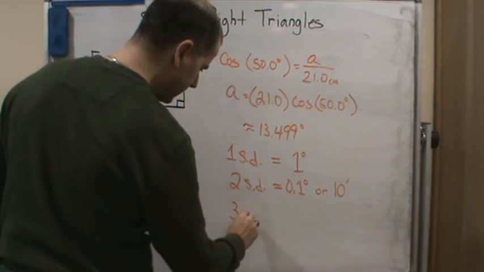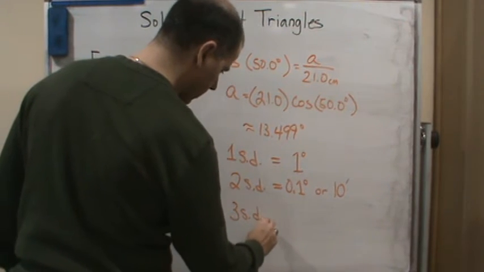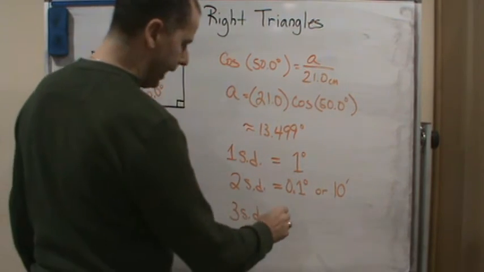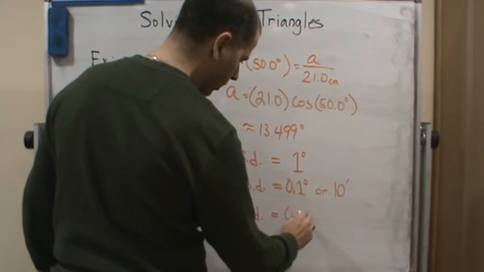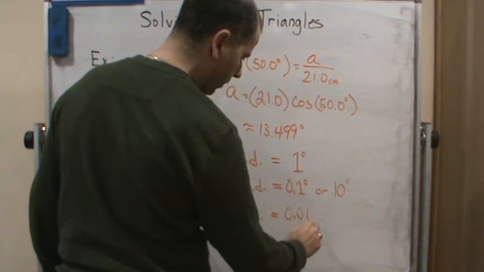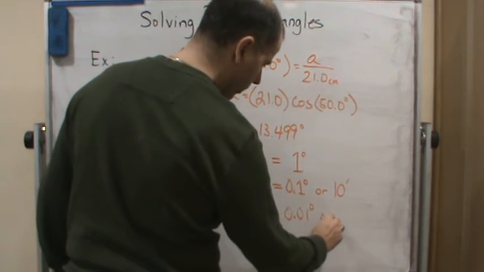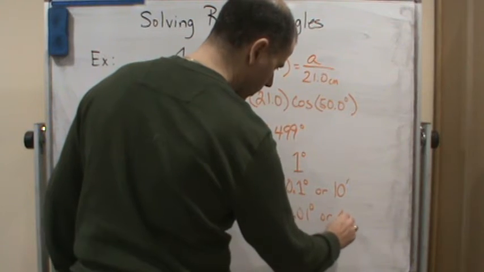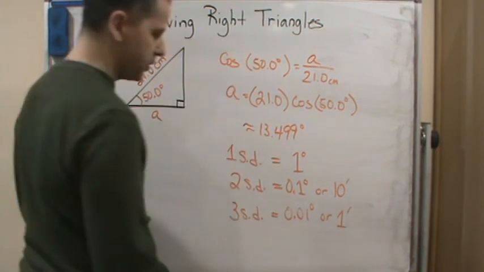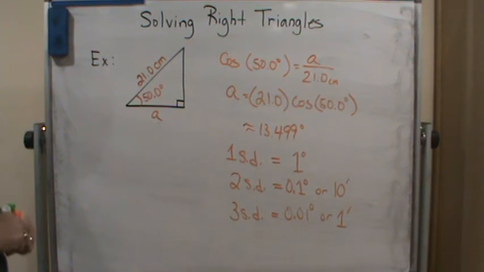If we're dealing with three significant digits, then we round our answer to the nearest hundredth of a degree, or to the nearest minute. Okay, so those are the rounding rules we're going to use.